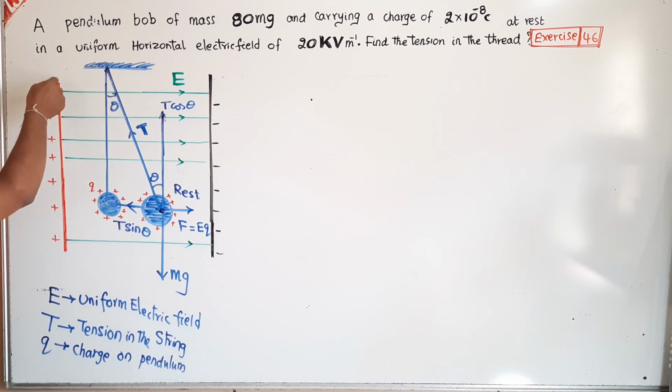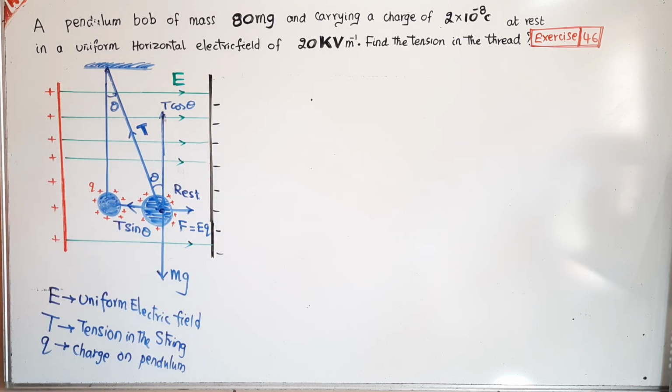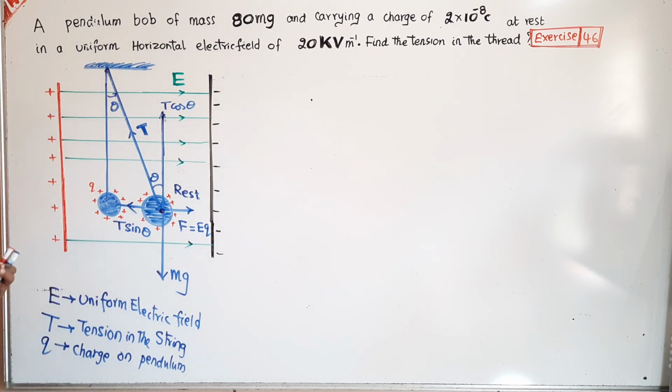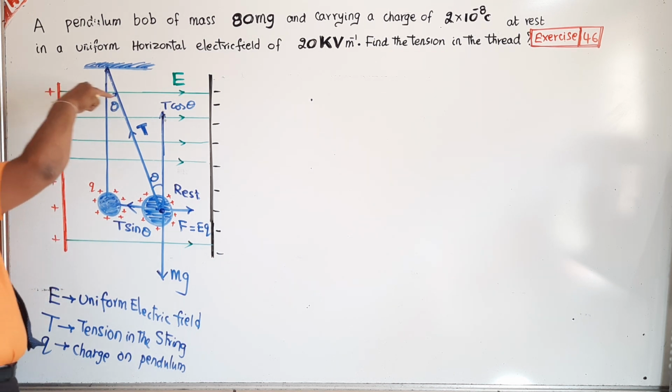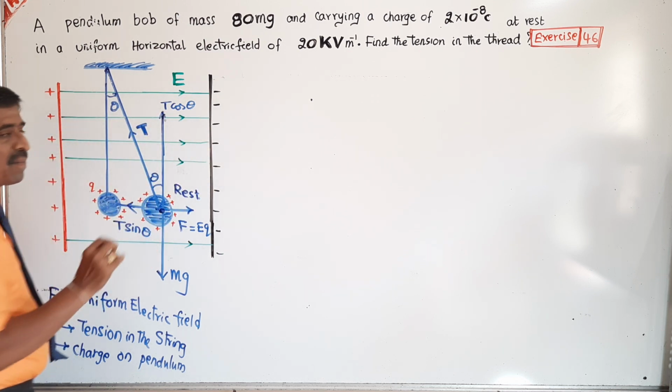Here, one is a positively charged plate, another one is a negatively charged plate. They are separated by a small distance. Electric lines of force are running from positive charge to negative charge.